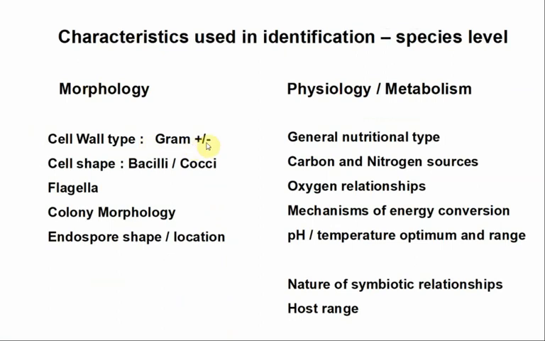Gram plus, gram minus, bacilli, cocci. Sometimes you can even use colony morphology, whether they've got an endospore, where the endospore is in the cell, this kind of stuff, whether flagella are present or absent. So you've got these morphological characters, but there's not a lot of detail in there, okay?